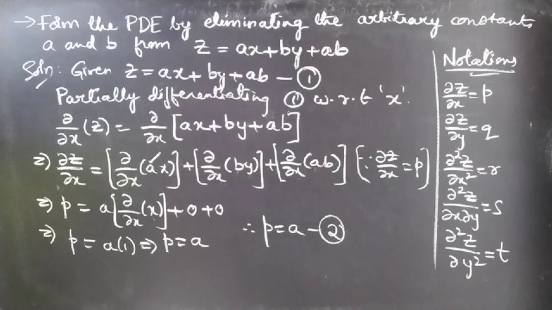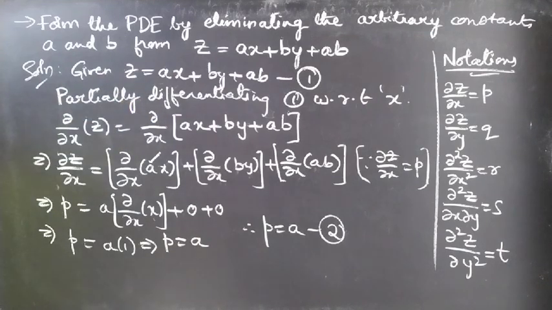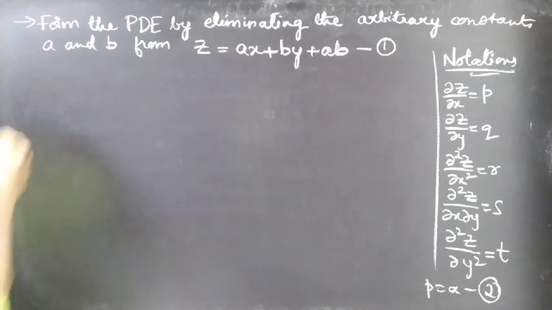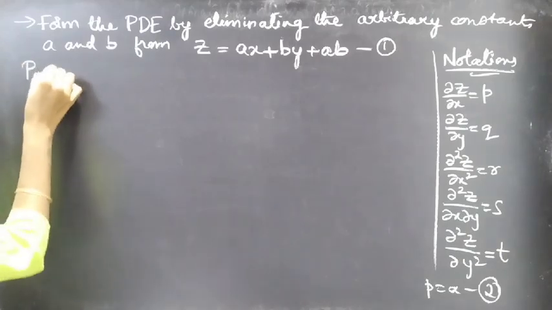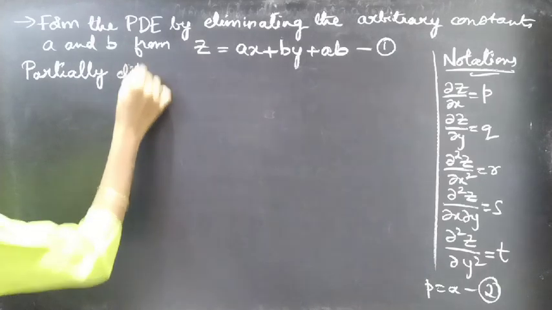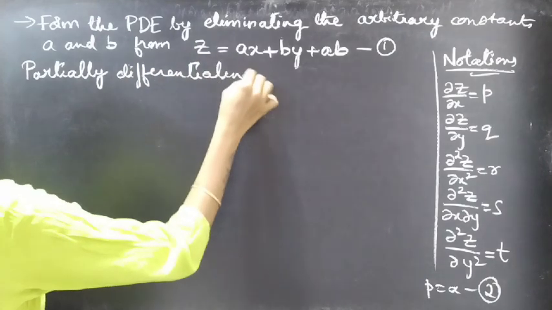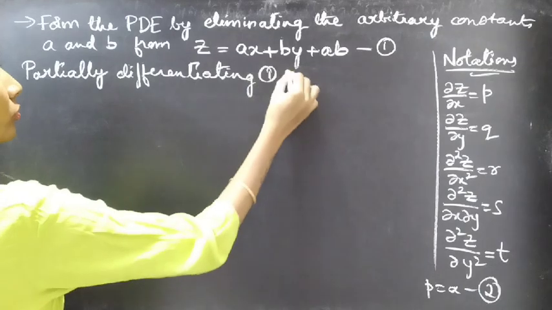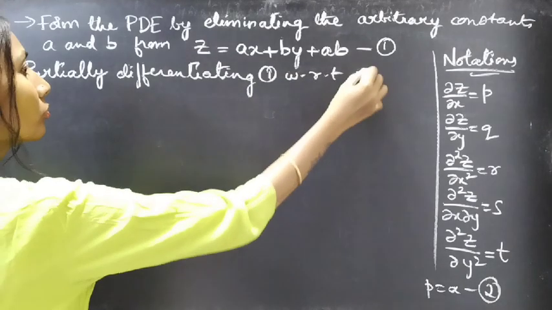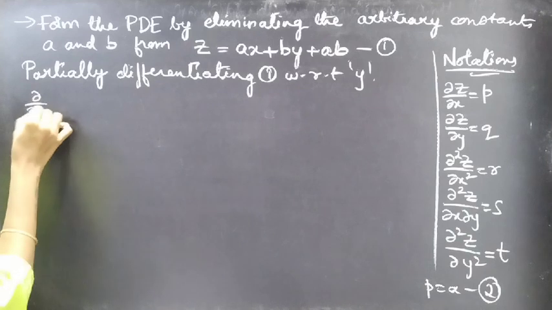Now let's partially differentiate 1 with respect to y. Right, now apply dou by dou y on both sides of 1.